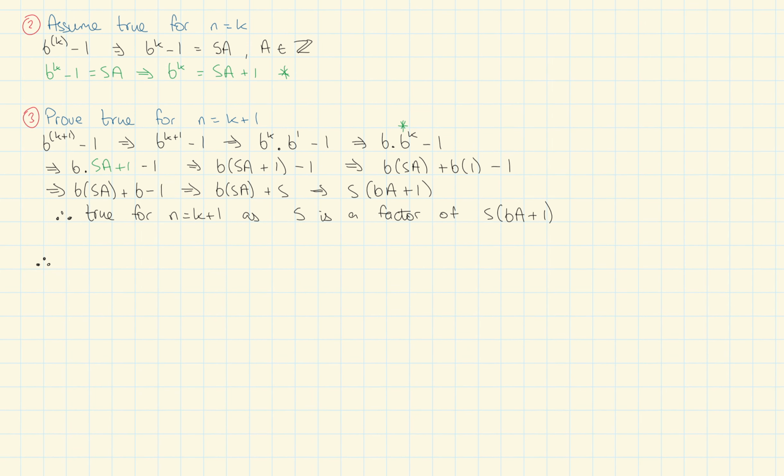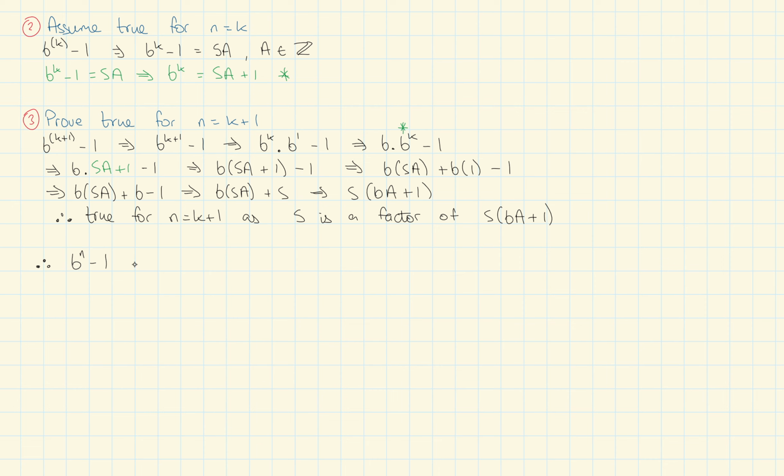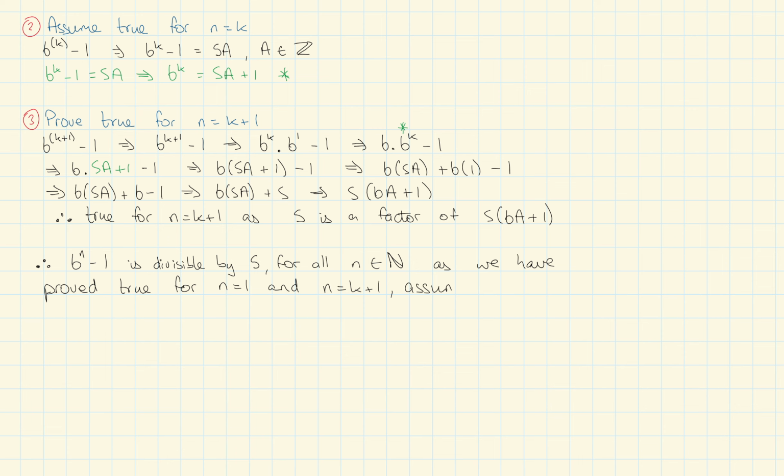We need to say 6 to the power of n minus 1, you always return back to what they gave you, is divisible by 5 for all n an element of N. So we have: prove true for n equals 1 and n equals k plus 1, assuming true for n equals k.